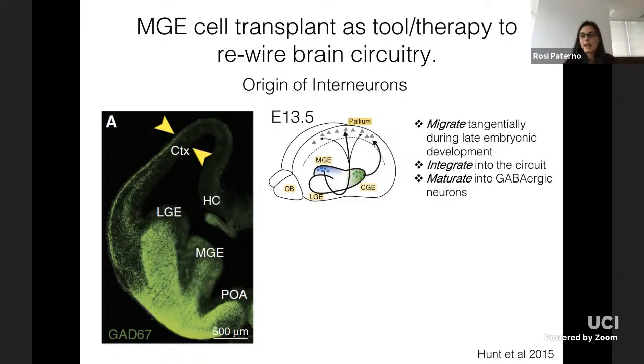But they have a characteristic during development because they originate from two precise progenitor zones, which are called the medial ganglionic eminence, the MGE, and the caudal ganglionic eminence, the CGE, and in small amount from the preoptic area. They originate already at embryonic day 8, 9, and at 13.5, they start migrating.